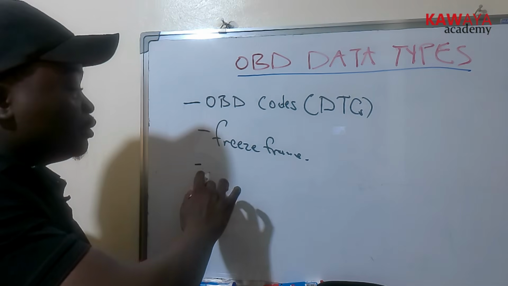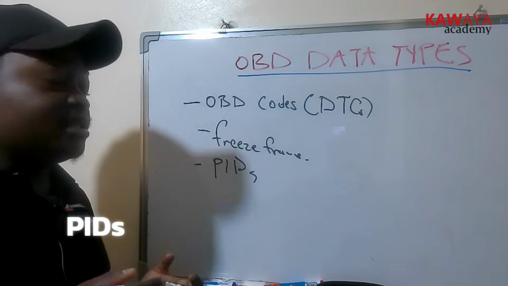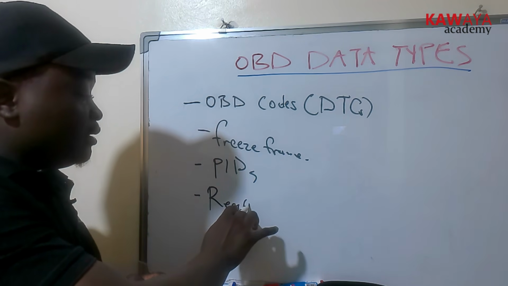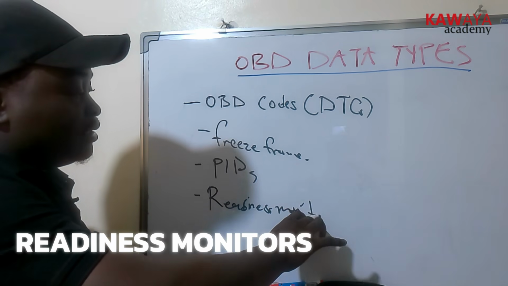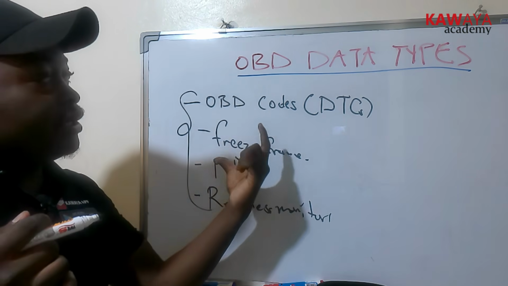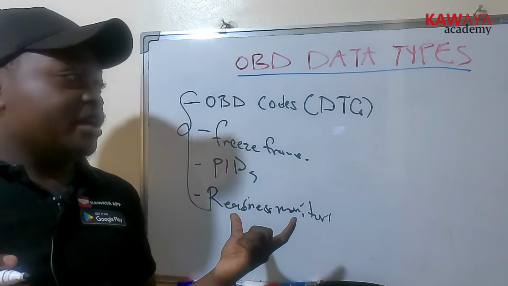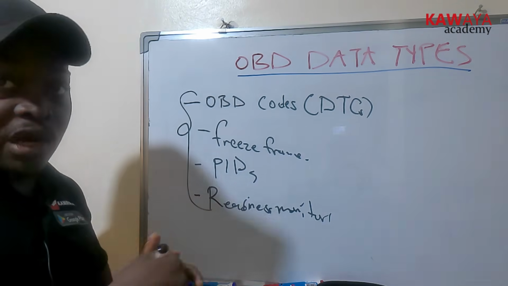We also talk about PIDs, which are parameter identifiers. We're also going to talk about readiness monitors. These are the most common data types you will encounter when working with OBD data. And I want us to go right away with the OBD codes and look at them.